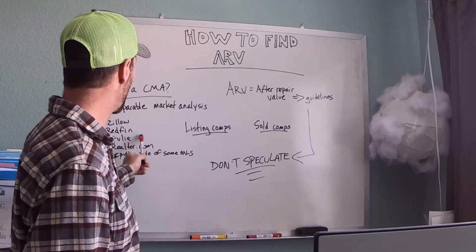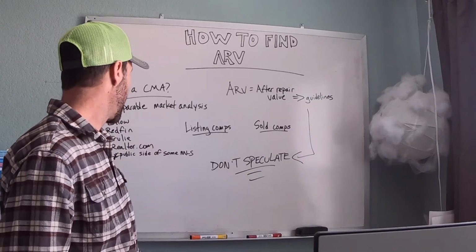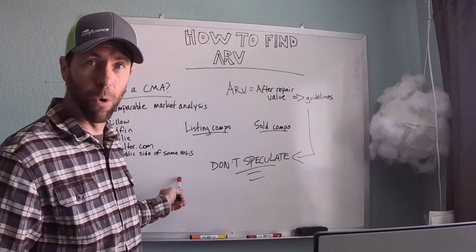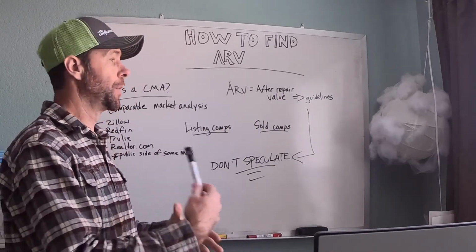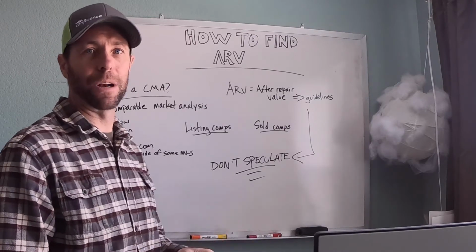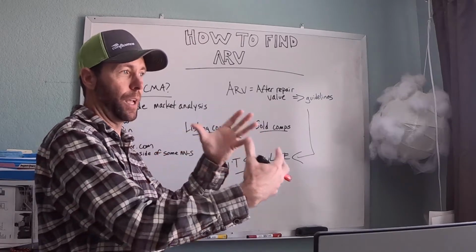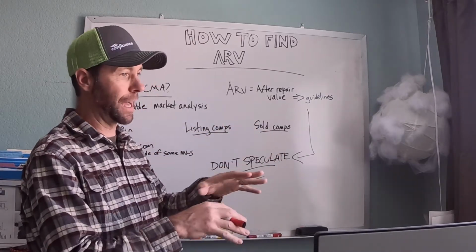Other websites, by the way, that are good ones are Trulia and Realtor.com. Realtor.com, a lot of times, depending on where you are, can be the public side of some of the MLSs in that area. There are other public sides of MLSs. What I mean by that is any sort of internet site where the MLS is available to the agents and to the licensed broker, but there's also a public side people can search.